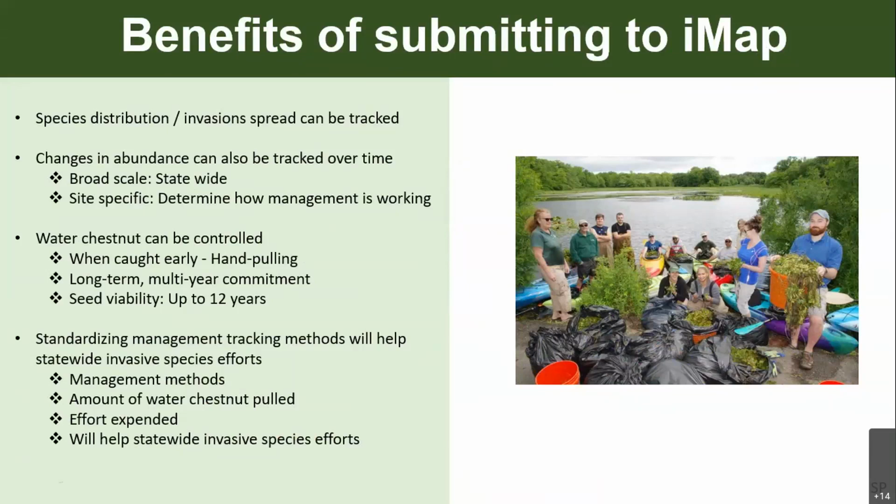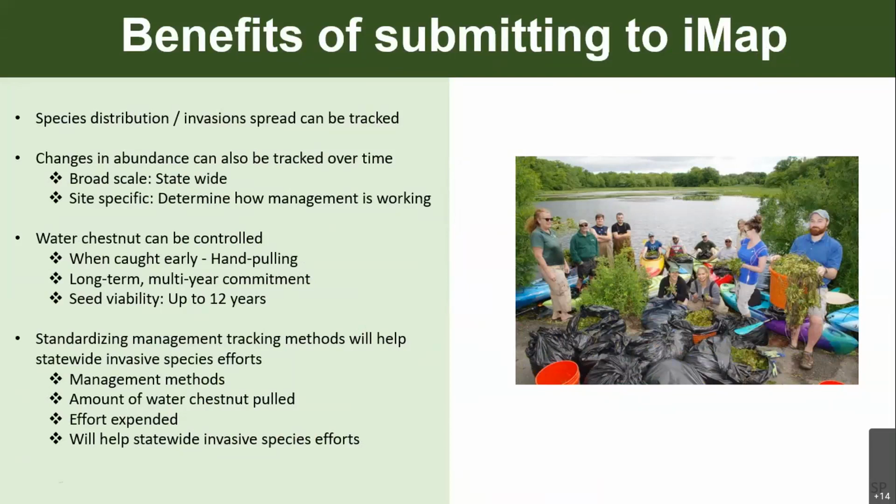Then in using water chestnut and our year-to-year management activities, we can look at the changes in abundance over time. That's when folks go back to the same sites year after year and either manage or survey. We can look to see how it's changing and responding to the different types of activities going on.